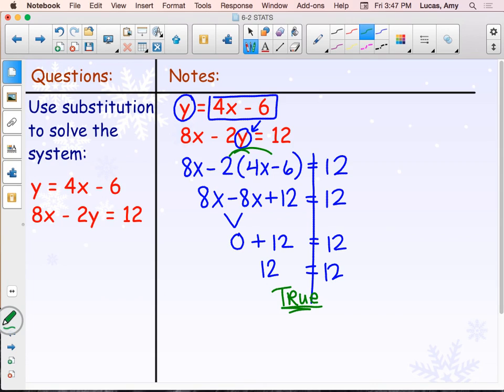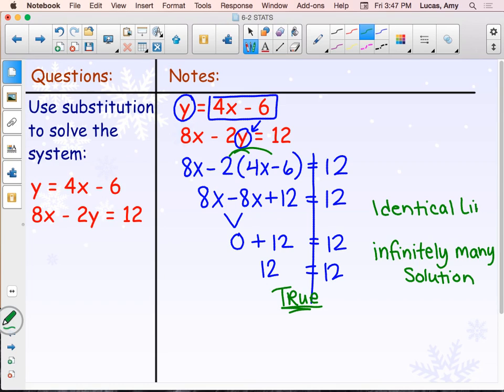So this one has an infinite number of solutions because it's always true. So for any value of x, this equation is going to be true. So infinitely many solutions. So that means that my lines are identical. And if you don't believe that, you could certainly solve them both.